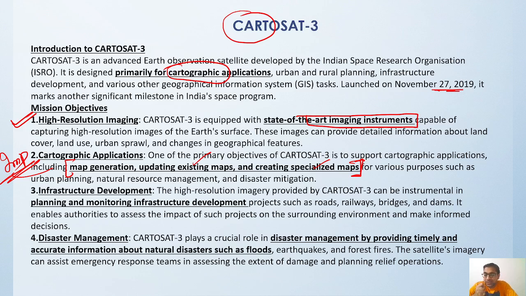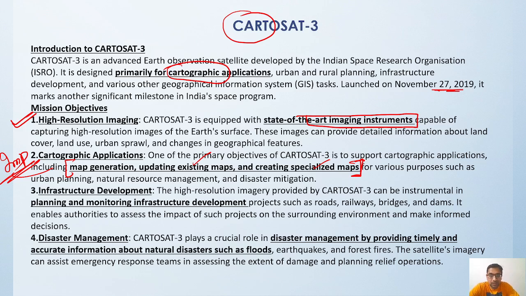The images provided by Cartosat will also be helpful in planning and monitoring infrastructure activity, like roadways, railways, bridges and dams, with images taken from space. With those images and maps, we can find out exactly where a road or railway has to be built, what the inclination and length, the height and the depth are. It will also help in finding out how the surrounding area is developing, and whether we can do anything there.